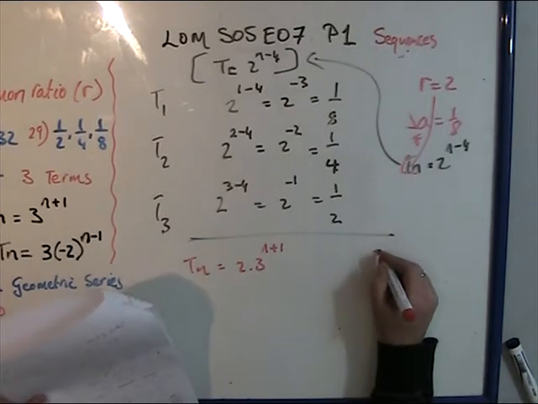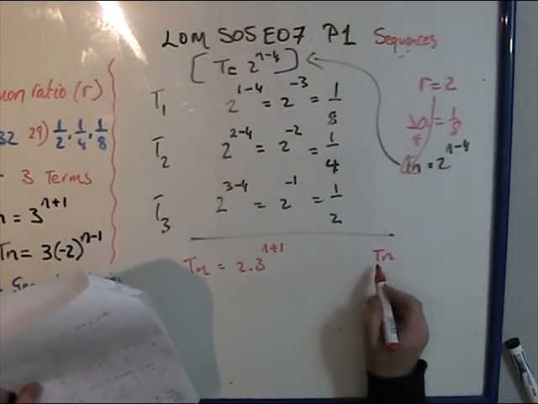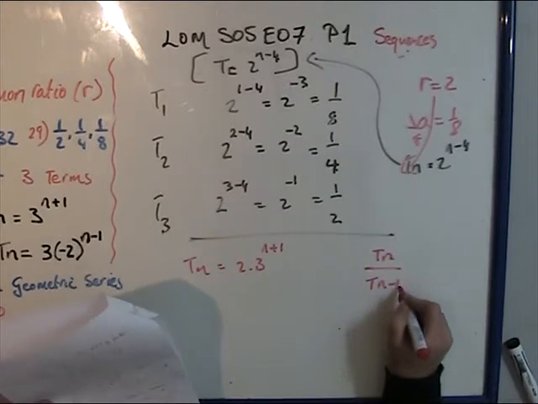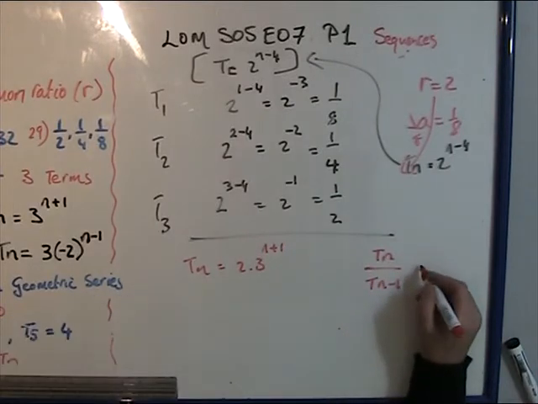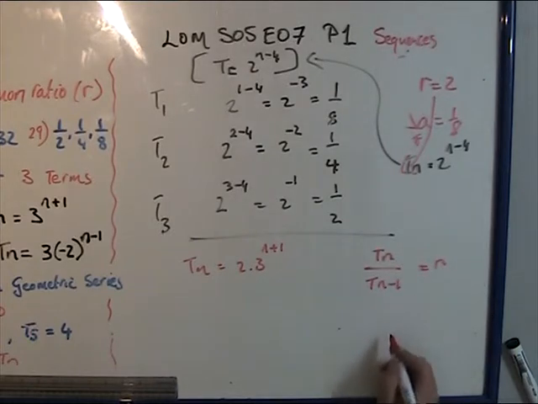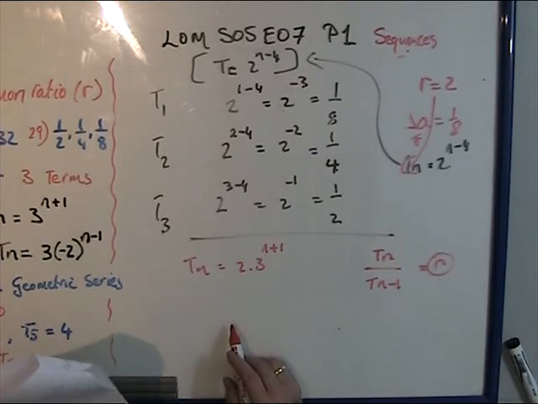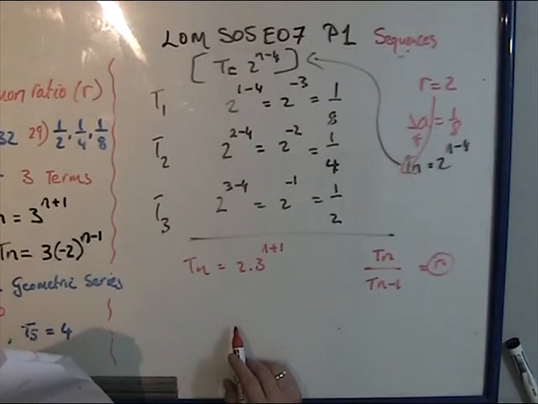Now if it's a geometric sequence, remember that Tn over T n minus 1 gives you r. Remember that now. So that's a good question to do. You put in your values. There's nothing really here.